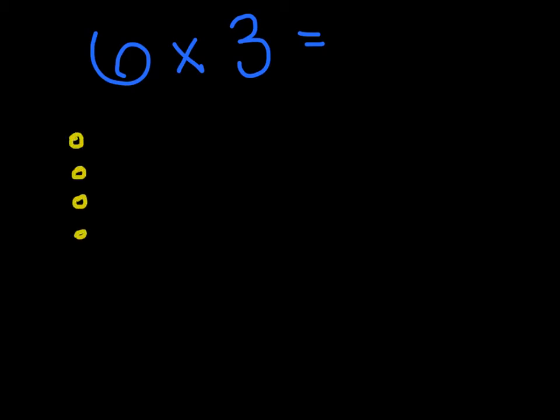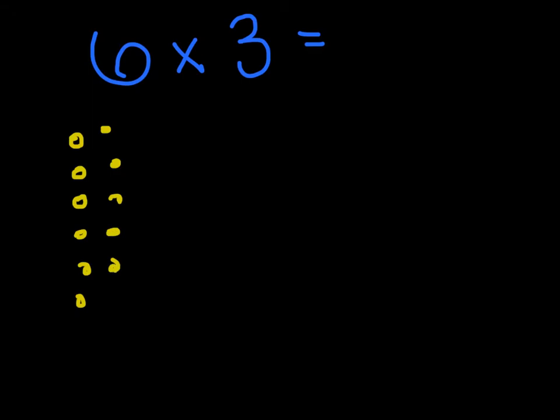Now we can go ahead and show the commutative property. So if instead I had 6 rows of 3, I wonder what that would equal. Now, our commutative property says that it should be 18 like I just solved, but let's prove it. So this time I'm going to have 6 rows of 3.